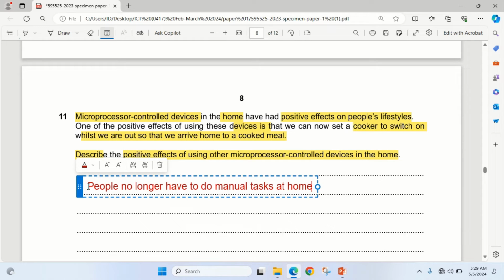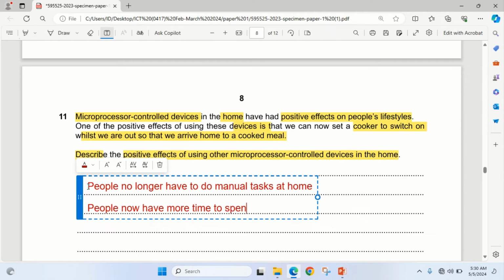People can use microprocessor control devices for physical fitness tracking in the home. They have more time. People now have more time to spend on leisure activity.